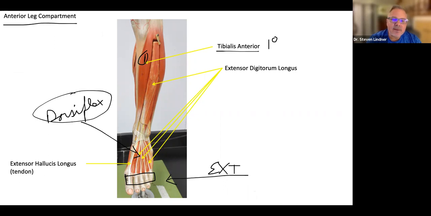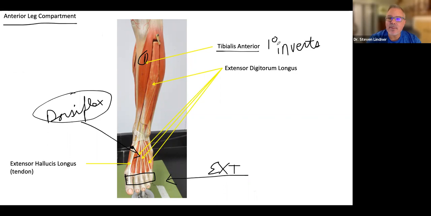It comes down and inserts right here on the head of that first metatarsal. Since it is a medial muscle, it dorsiflexes, but it also inverts the foot.